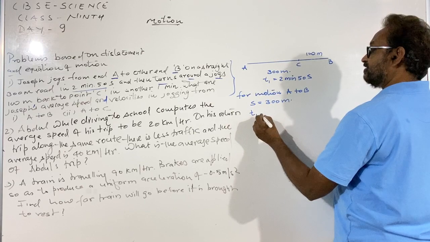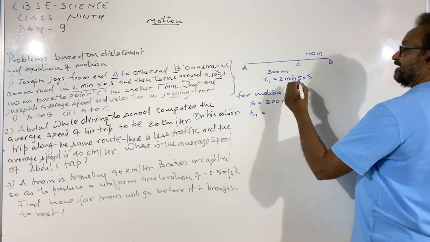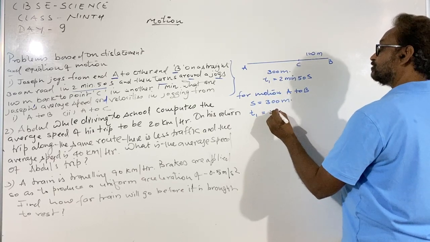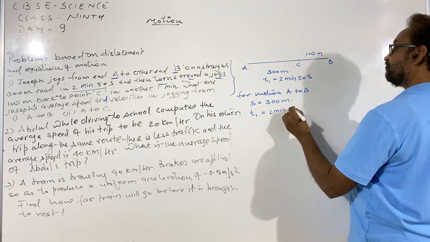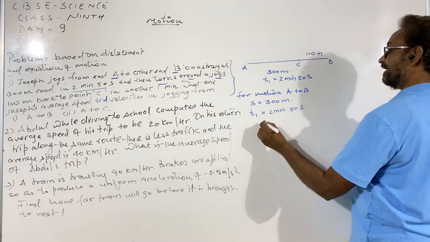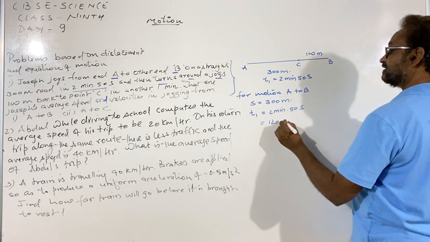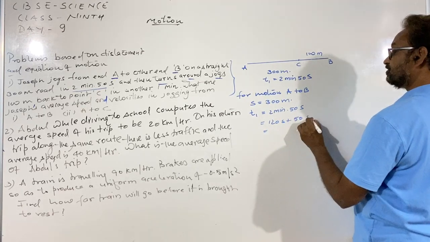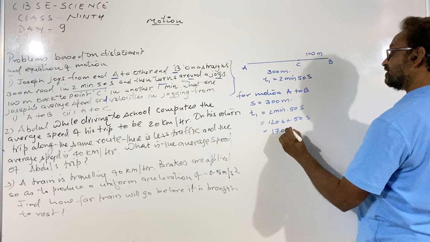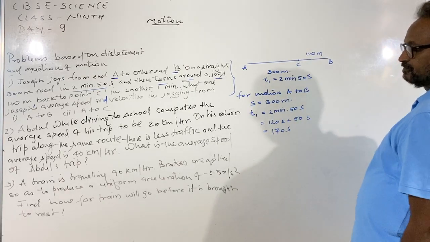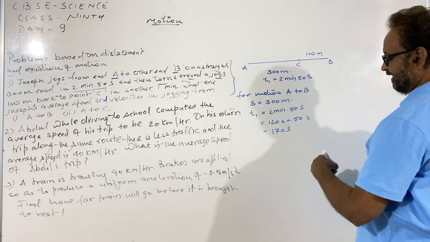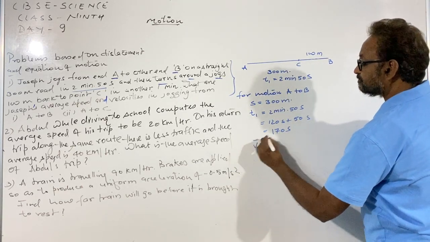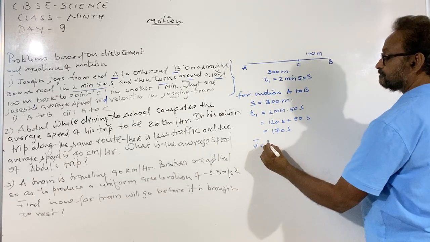Time, let be T1, 2 minutes and 50 seconds, that is 120 seconds plus 50 seconds, that is 170 seconds. We have to calculate average speed.